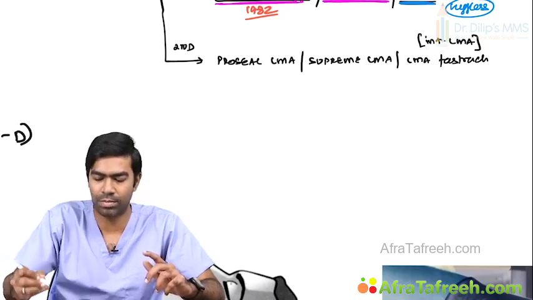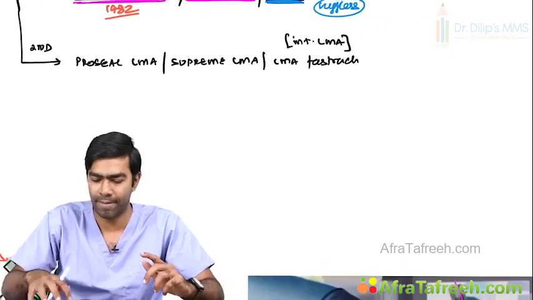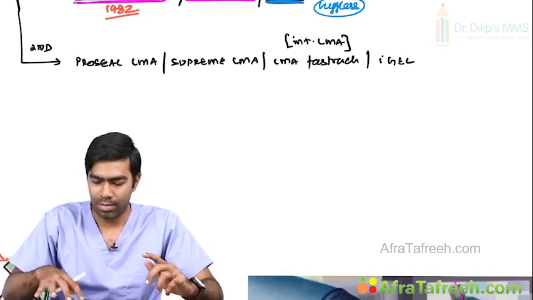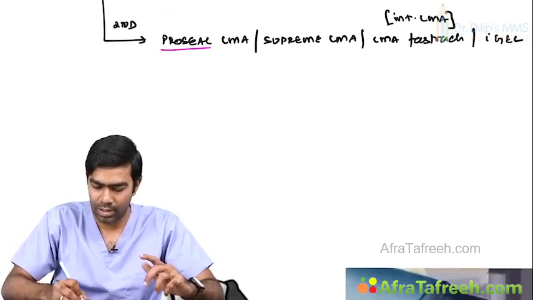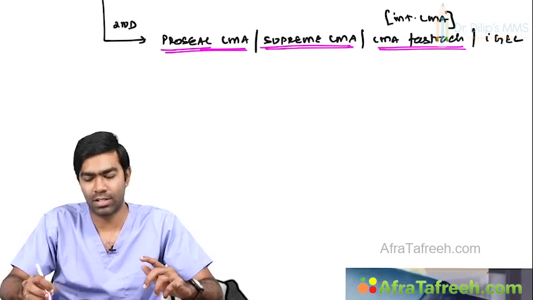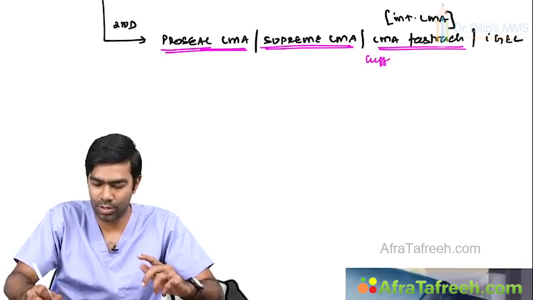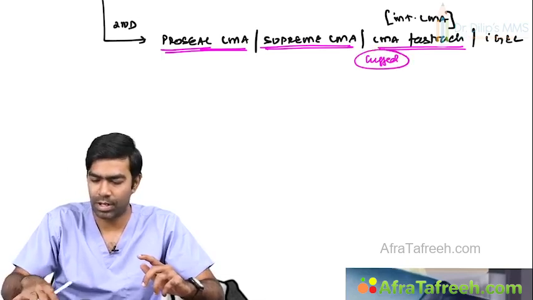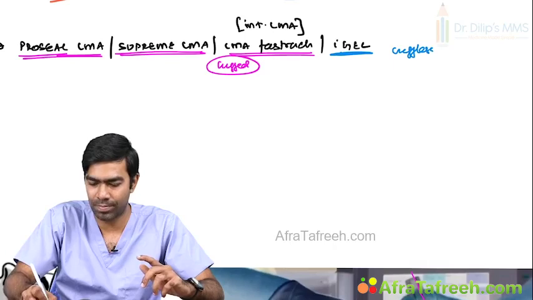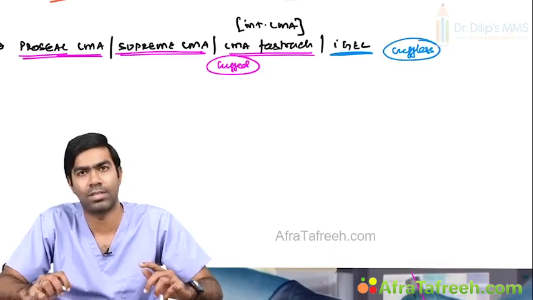Let me show you in some time. Remember, the ProSeal LMA, Supreme LMA, and LMA fast track are all cuffed as usual. These are cuffed LMAs. But once again, the iGel is a cuffless LMA. The iGel is basically cuffless.